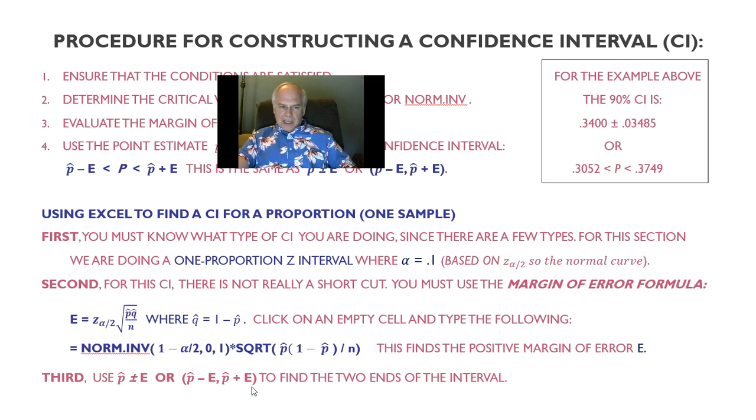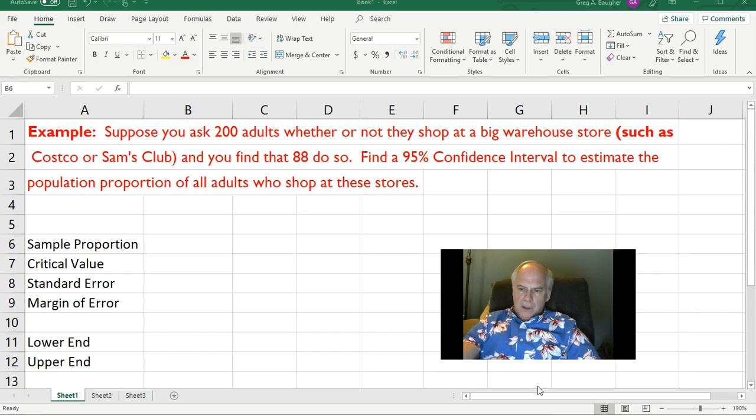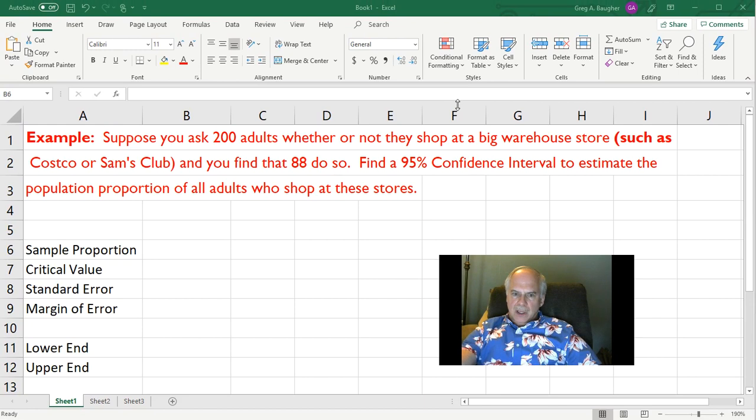So I'm going to show you that using Excel. So this example says, suppose you ask 200 adults whether or not they shop at a big warehouse store such as Costco or Sam's Club, and you find that 88 do so. Find a 95% confidence interval to estimate the population proportion of all adults who shop at these stores.